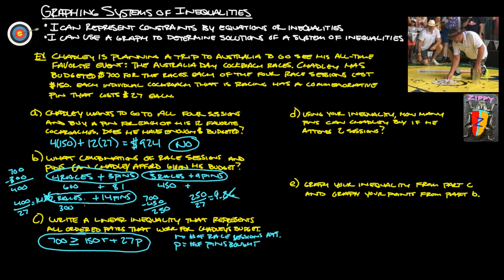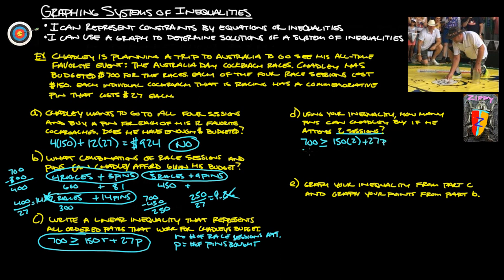Well, we already figured that out over here, but let's use this inequality to show that we can use it instead of going through and figuring it all out that way. So we have 700 greater than or equal to 150 times 2, because he's attending 2 race sessions, plus 27P.